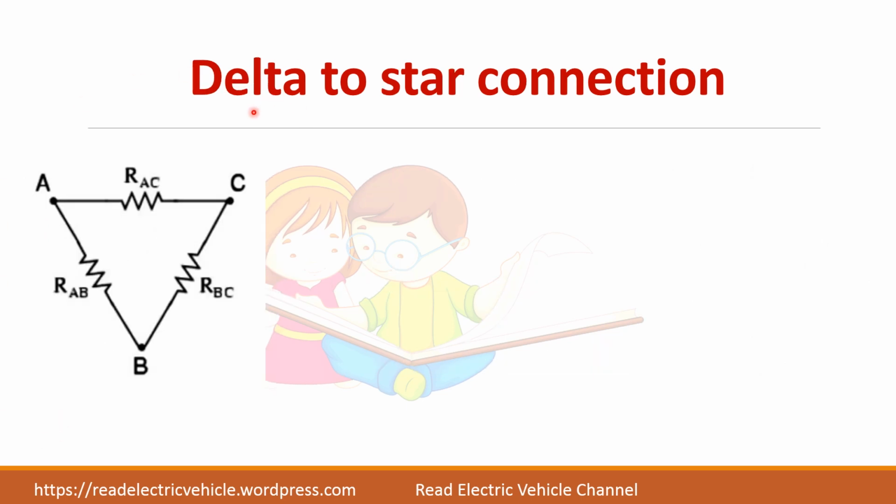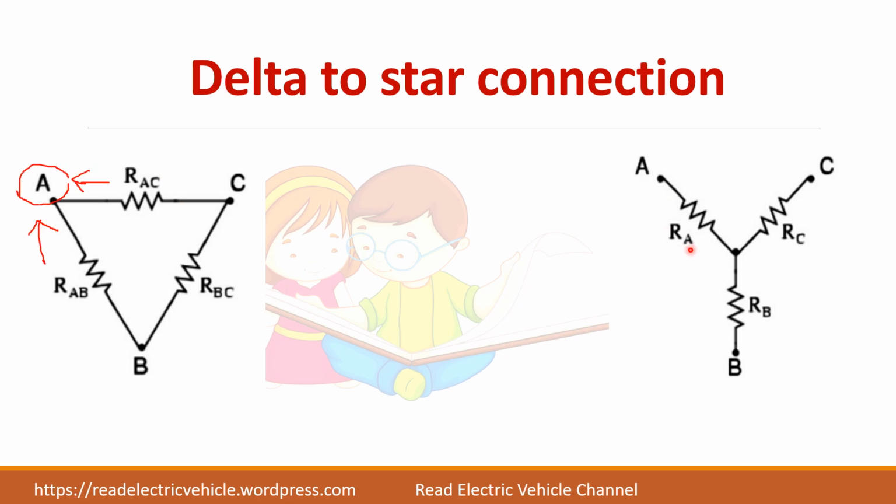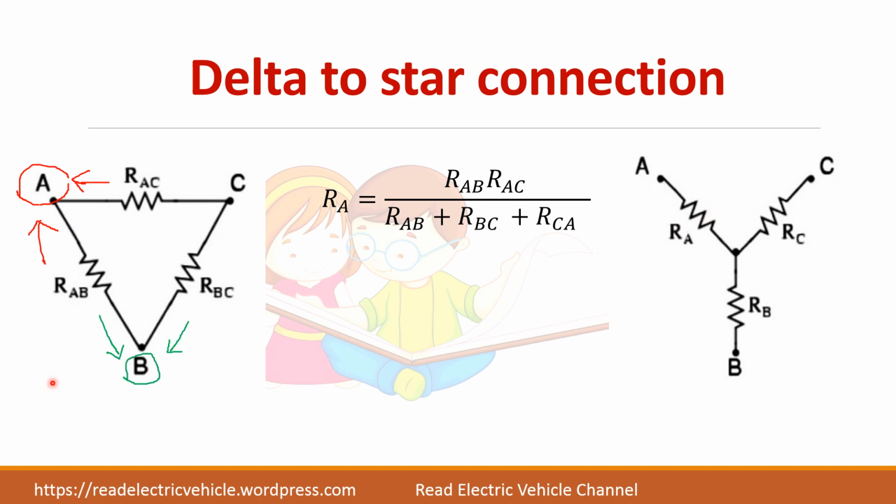Similarly, to convert delta to star, you have a formula. Now you know RAB, RBC and RAC, and you have to find RA. You take the terminal A, multiply the adjacent arms RAB into RAC, divided by the sum of the resistances, and that will give you RA. To find RB, multiply RAB into RBC divided by the sum of the resistances.